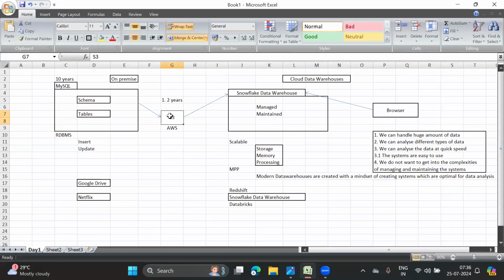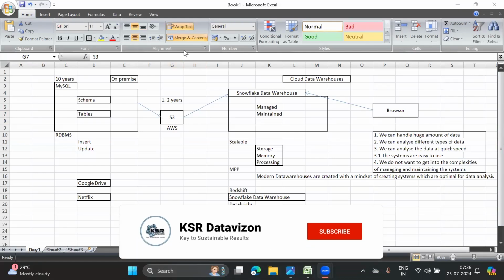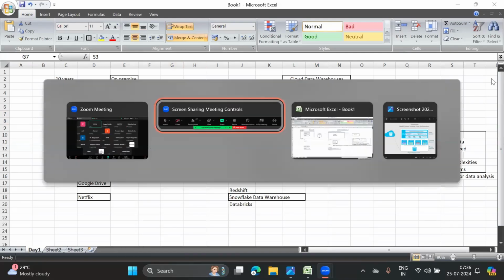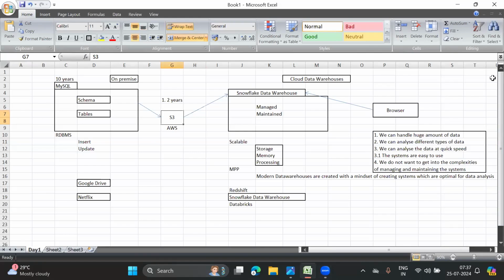I just want to know if your company is also using this, something which you have already seen happening these days. Yeah, they are using some migration tools, right?